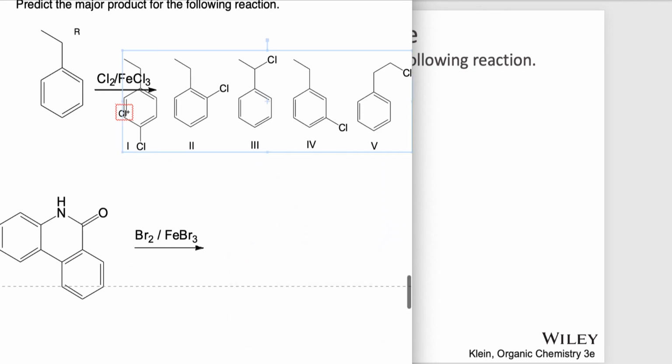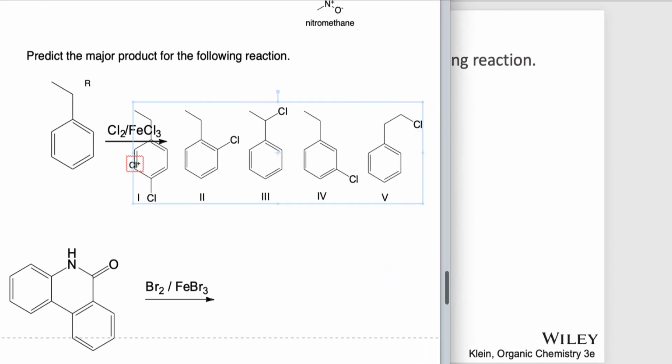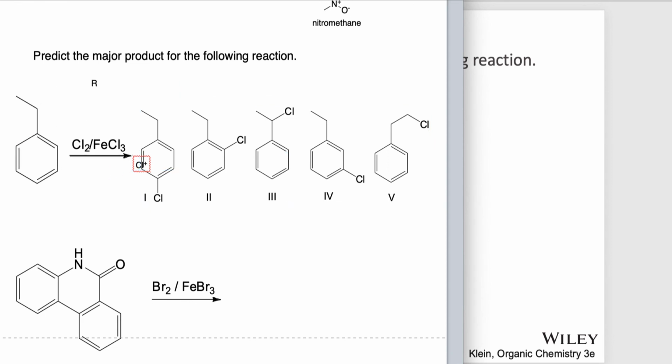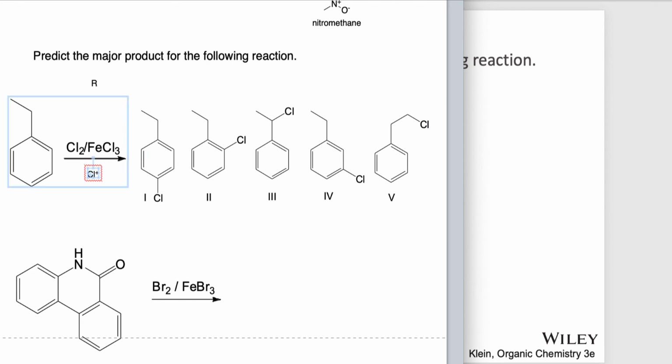So you could then review the structures. You should be able to do both. So this is really it. So this is our chlorine addition. And we had learned that for a moderately activating R substituent, an alkyl group, the correct answer in here would be number 1. Para is preferred.